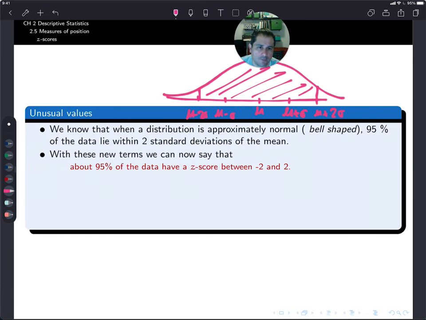So we can say that if you have a z-score of more than 2, that would only happen 5% of the time, because if there's 95% in the middle, there's 2.5% over here and 2.5% over here.